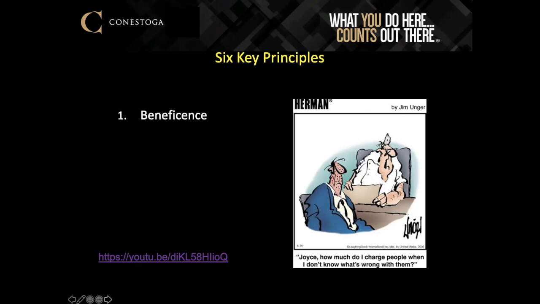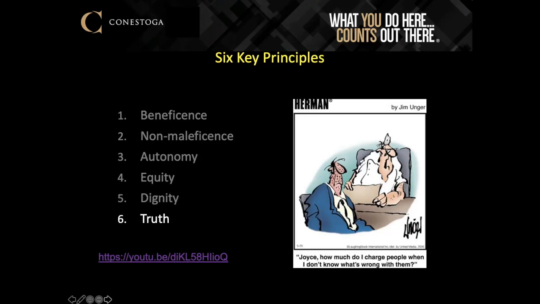So the first key principle in medical ethics is beneficence, then non-maleficence, autonomy, equity, dignity, and truth. Those are the really important things. I'm going to say that autonomy is probably the top, then beneficence, non-maleficence, and truth.